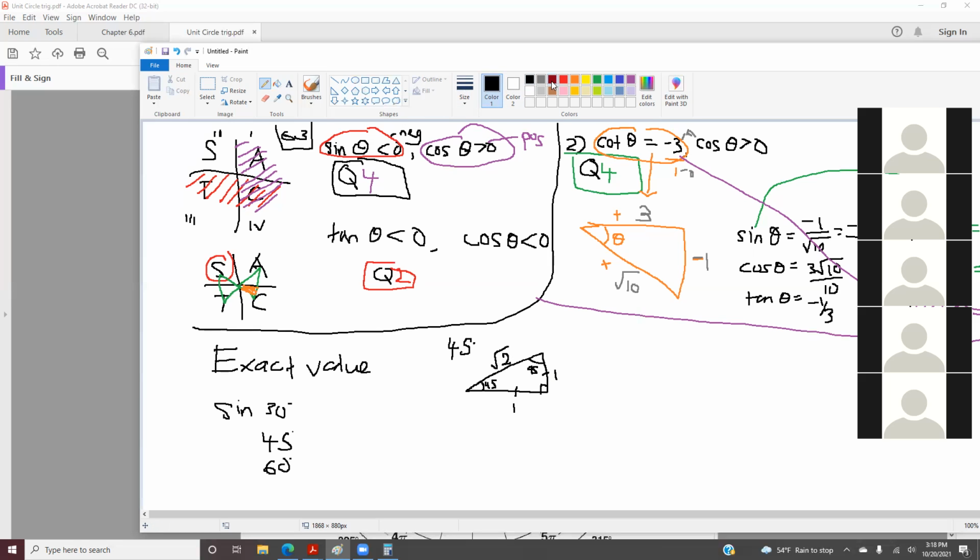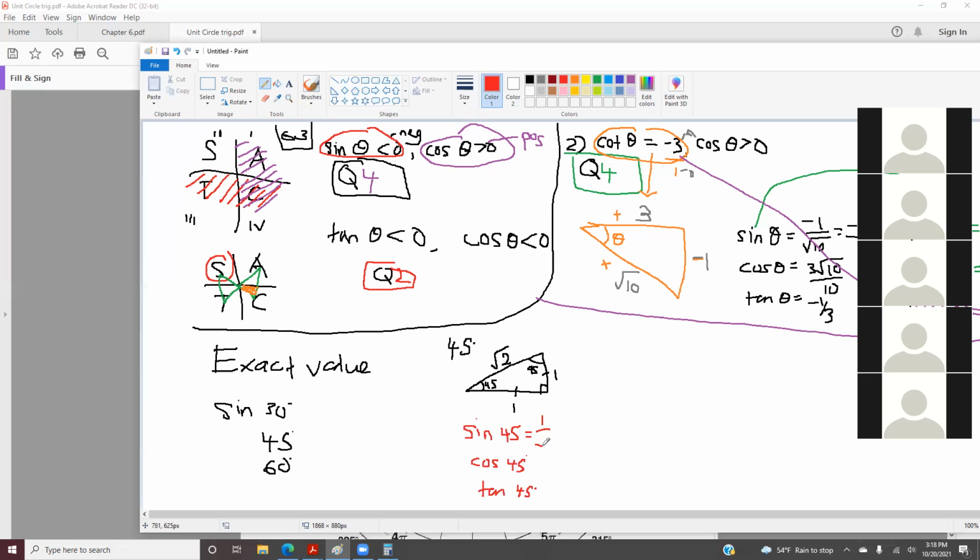So can someone tell me what is sine 45 degrees based on these triangles? Anyone? Is it 1 over square root 2?